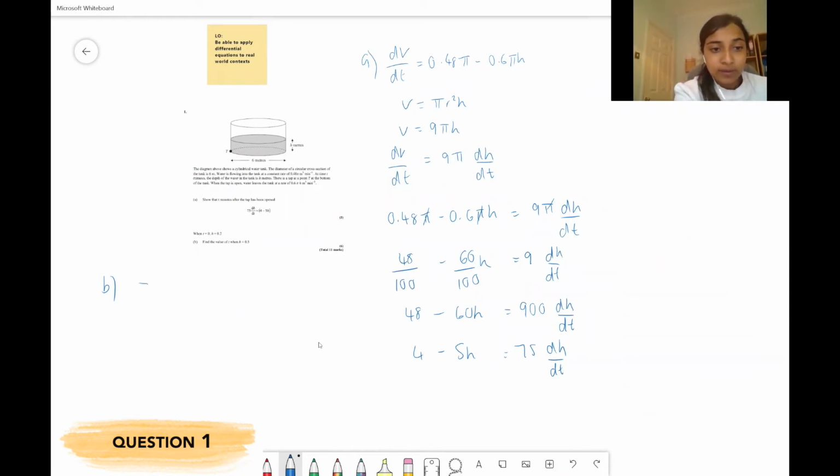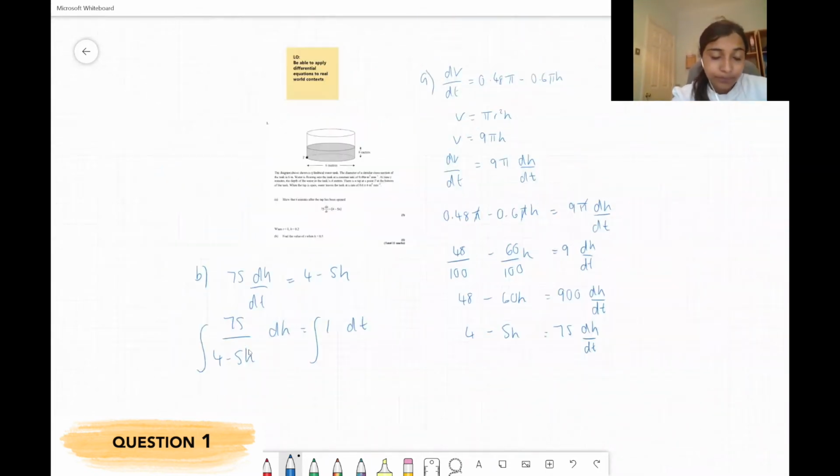So we have 75 dh/dt is equal to 4 minus 5h. If we multiply everything by dt and divide everything by 4 minus 5h, we get 75 over 4 minus 5h dh is equal to 1 dt.